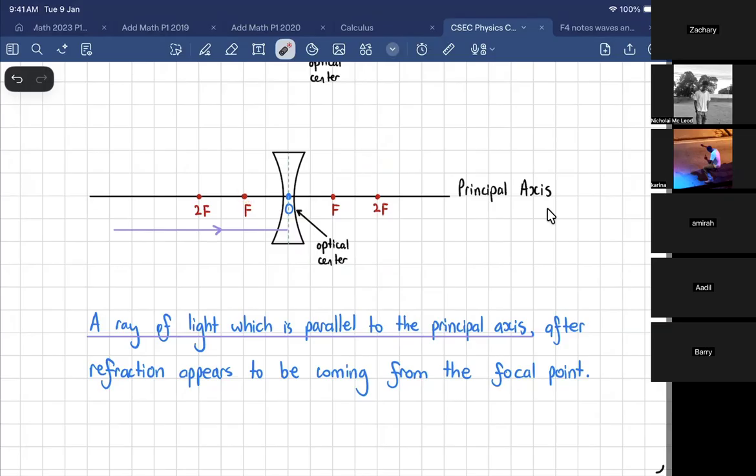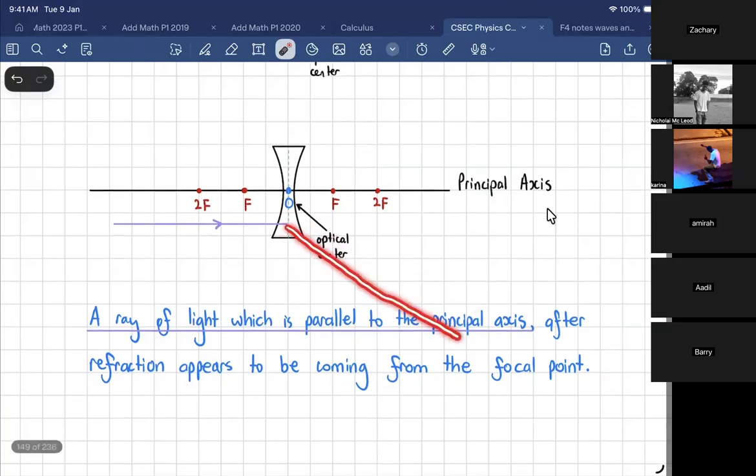And again, it appears to be coming from the focal point. Can anybody tell me how I would be able to draw this line? It diverges going outwards, but when you're drawing the line to the focal point, it has to be straight.